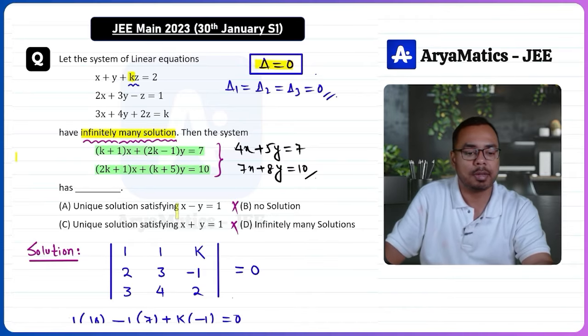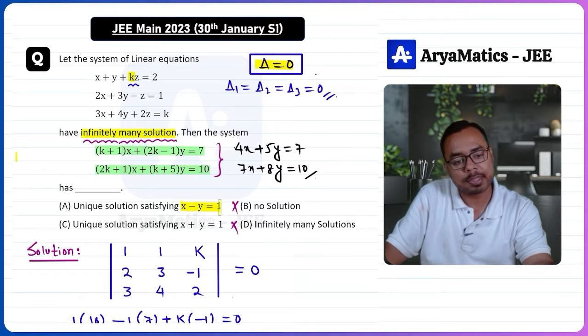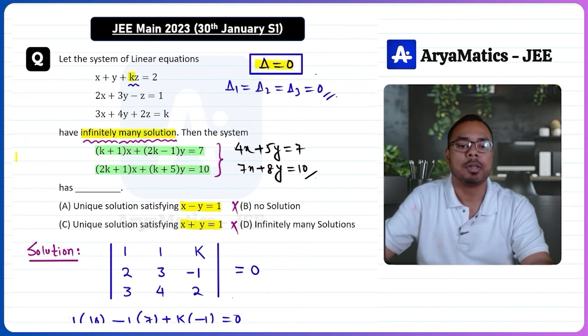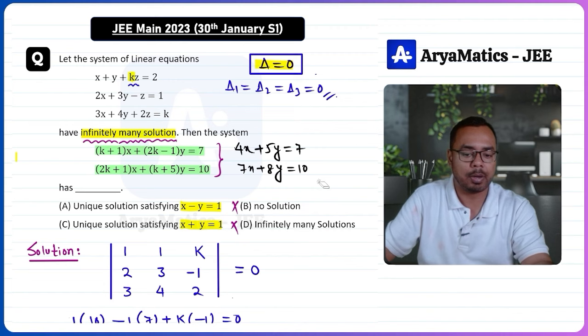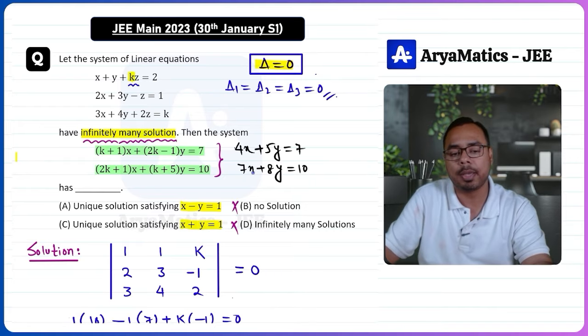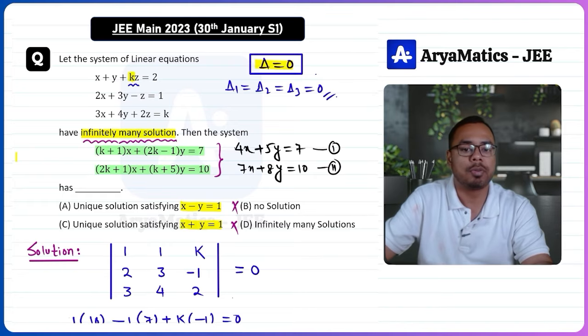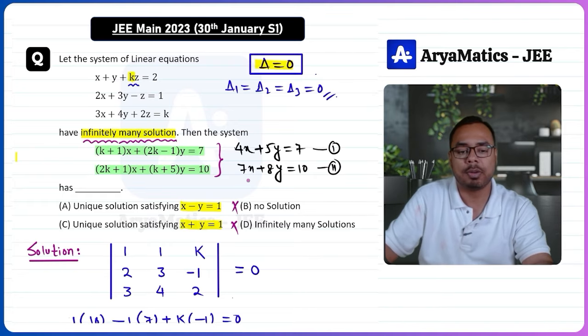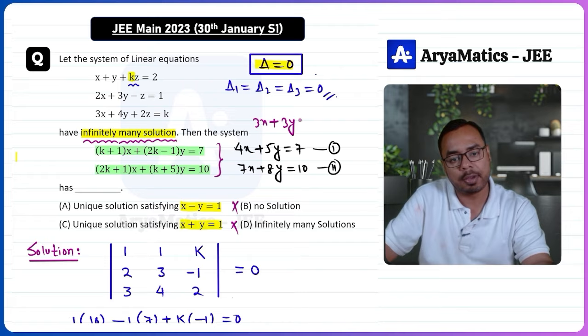Now we have to check whether we are getting a solution satisfying this condition, x minus y equals 1 or x plus y equals 1. For that, either you can solve these two and then find the sum or difference of those two roots. But here you can also see directly, if I call this equation 1 and this equation 2, then doing equation 2 minus 1, you will get 7 minus 4, which is 3x, and 8 minus 5, which is 3y, and on the right-hand side 10 minus 7, that is 3.